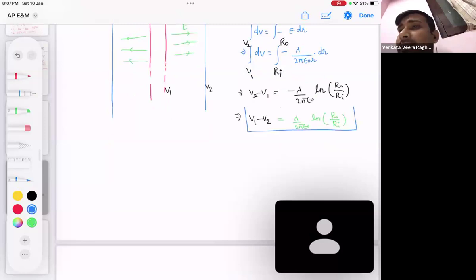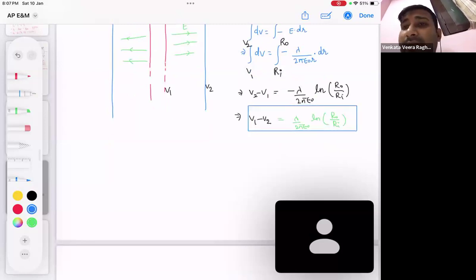Now, once we calculate the delta V, then we can calculate the capacitance. Why? Because delta V is equal to charge by capacitance. So what is the delta V we have calculated? Lambda by 2 pi epsilon naught ln outer radius by inner radius. And what will be the charge?